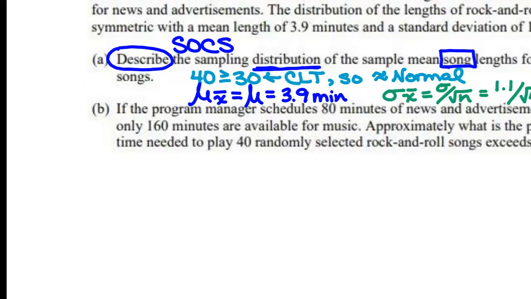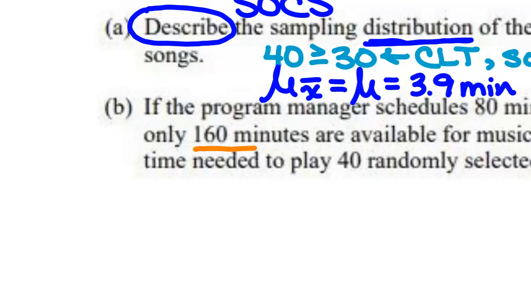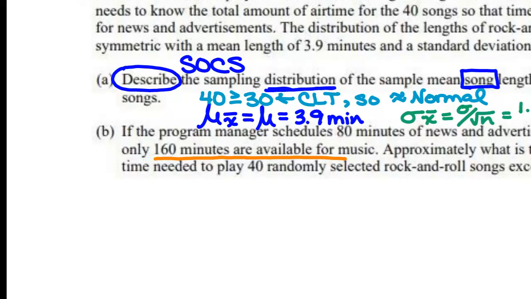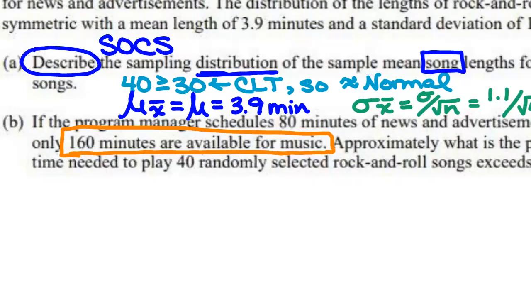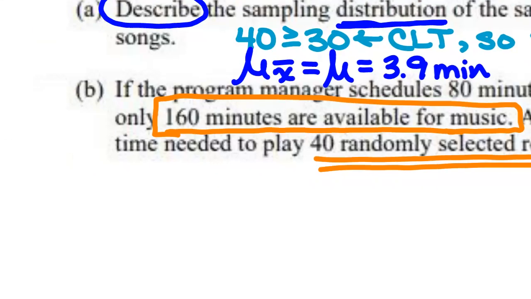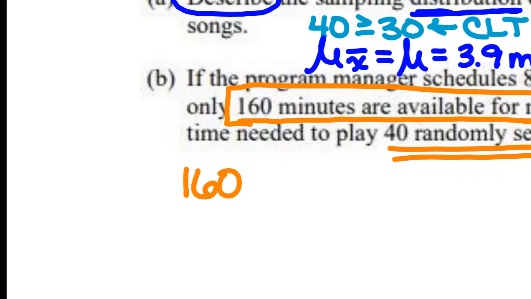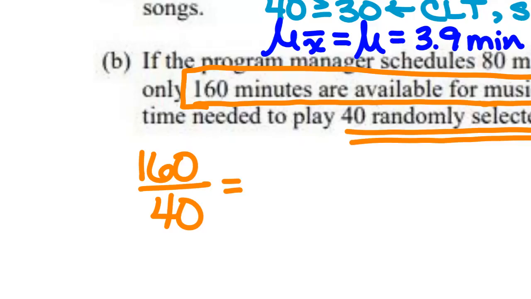So the way I would approach this problem is to say we have 160 minutes available for music. We're going to play 40 randomly selected songs. So 160 divided by 40 would give us what? 4.